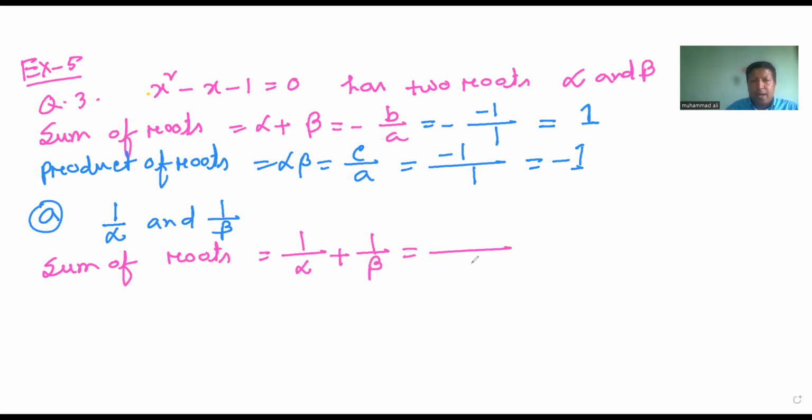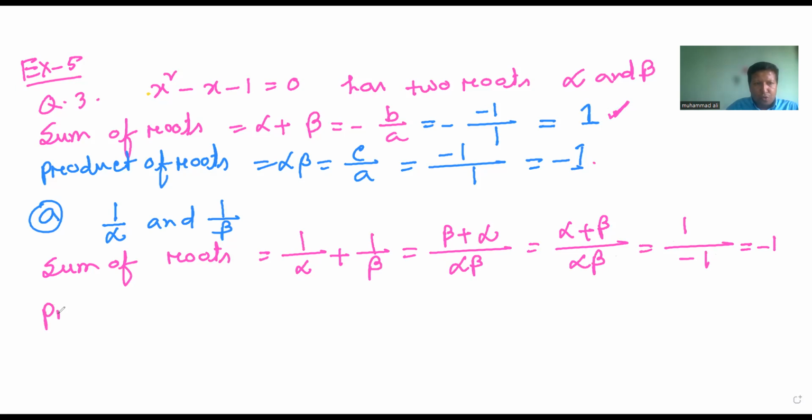If we add both of these, it will be alpha beta, beta plus alpha, so it will be alpha plus beta over alpha beta. Alpha plus beta, the sum of roots, we get from here, it will be 1. Alpha beta equals minus 1. So finally it will be minus 1.